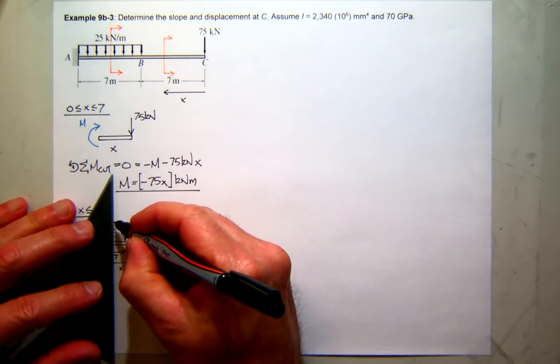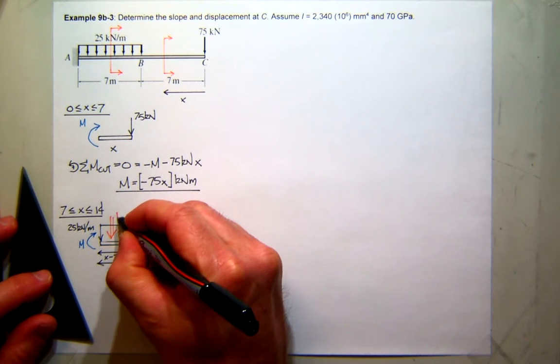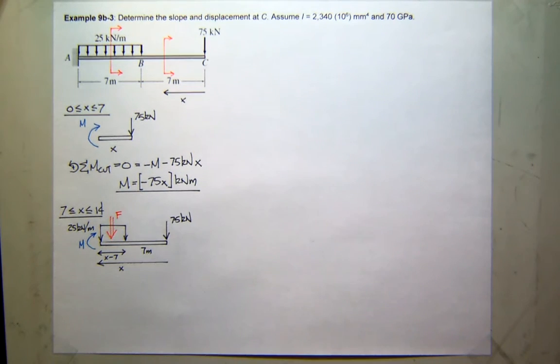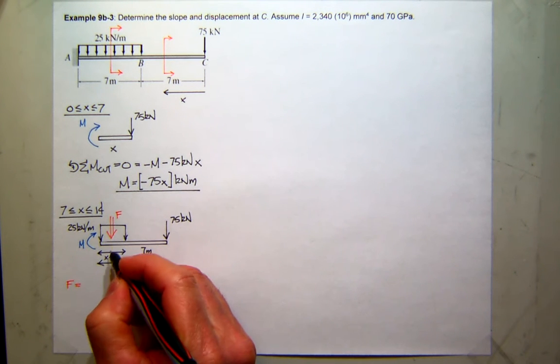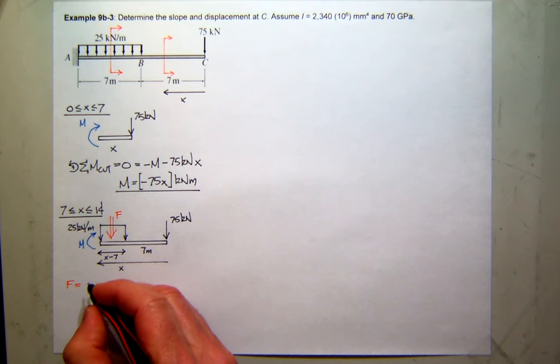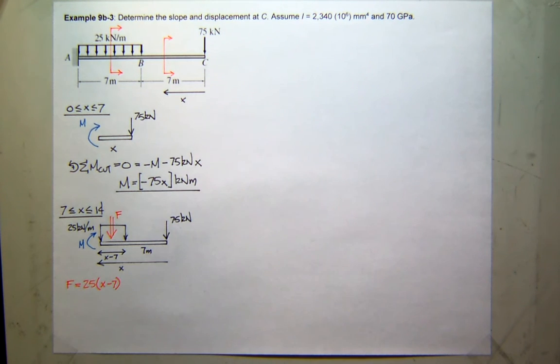So the first thing I want to do is find this concentrated equivalent force. I'll just call it F. F is going to be the area under this part of the curve. It's a rectangle, base times height, so it will be 25 times x minus 7. You guys see that?